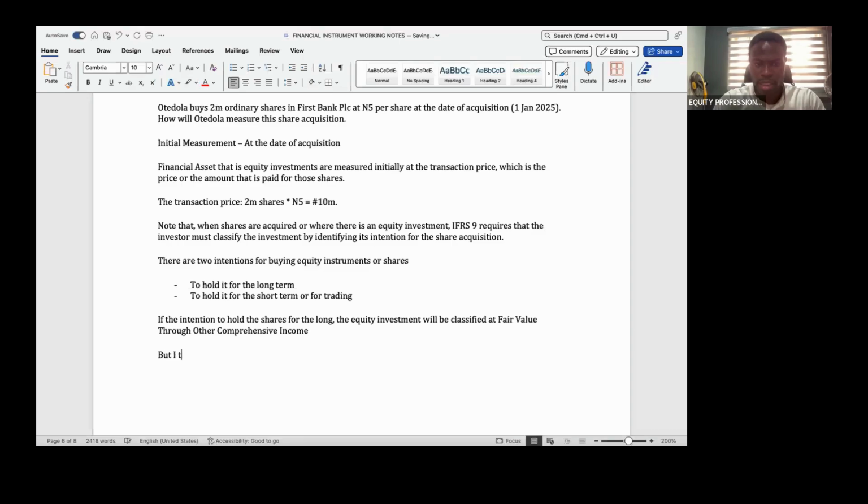But if the intention is to hold the shares for trading, for speculation, or for the short term, then in this case, the equity investment will be classified at what?